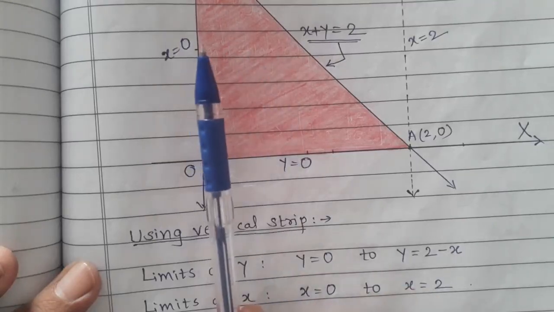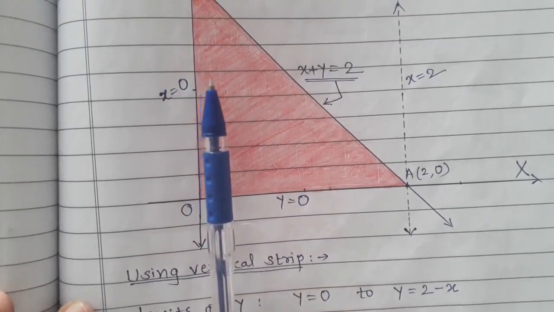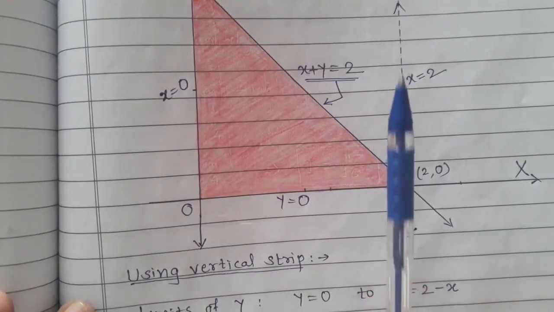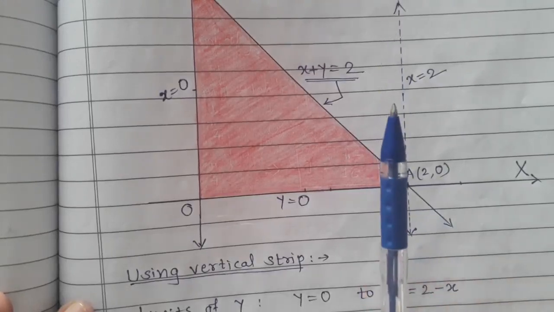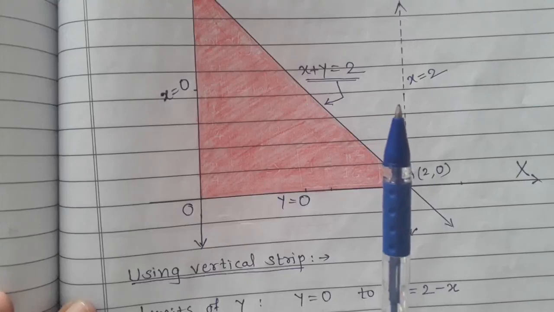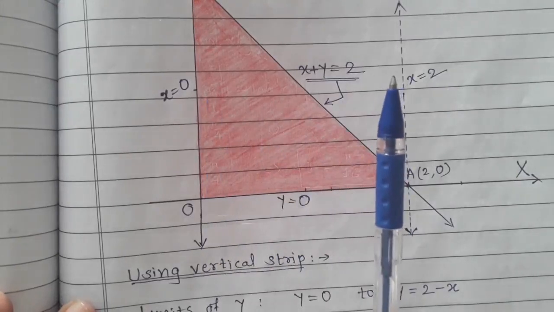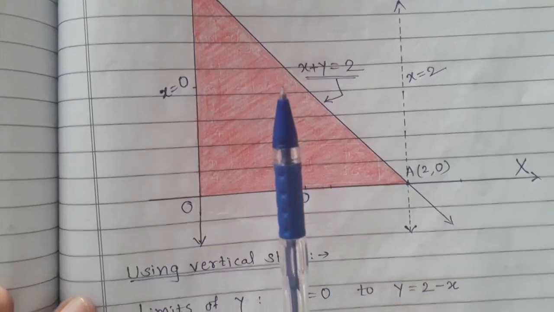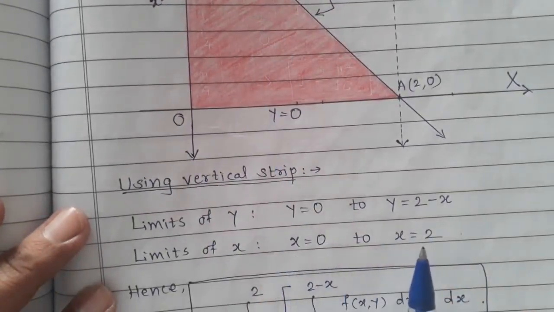Maximum left we can go up to the x equal to 0 line, that means the y axis, and maximum right we can go up to the x equal to 2 line, because it passes through the point (2, 0) parallel to the y axis. That gives us the limits of x. That means the bullet should be fired between x equal to 0 and x equal to 2, then only it will pass through the colored region. So the limits of x are x equal to 0 to x equal to 2.